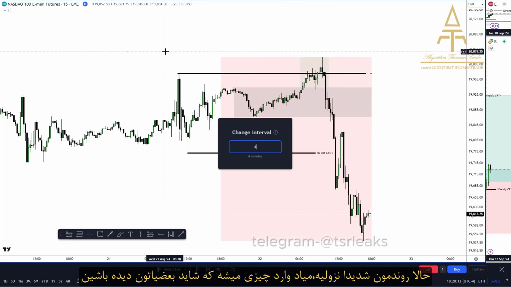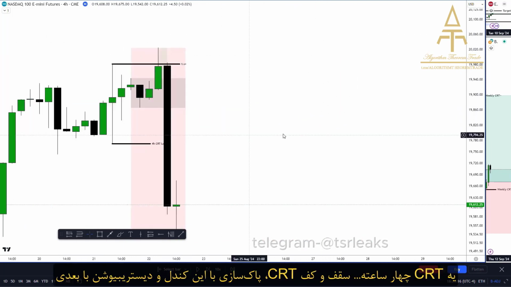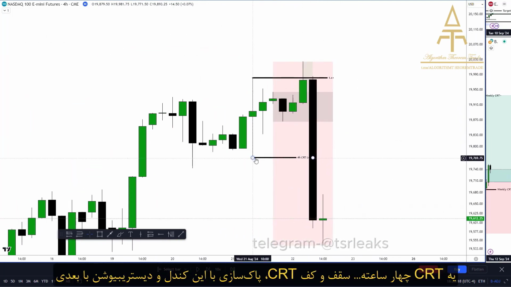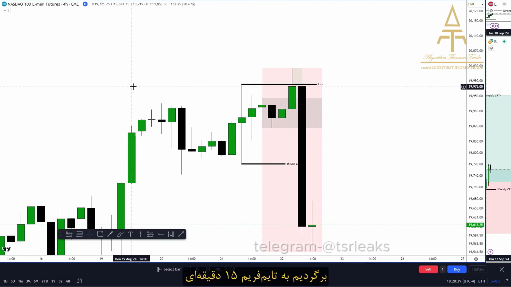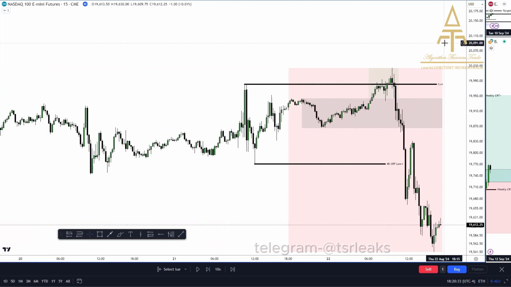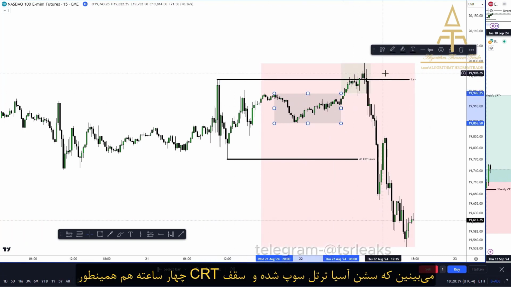into what some of you guys may have seen, a 4-hour CRT. CRT high and low, purged with this candle, distribution with the next. Dropping back down to the 15-minute time frame, you can see the Asia session was turtle souped, as well as the 4-hour CRT high.